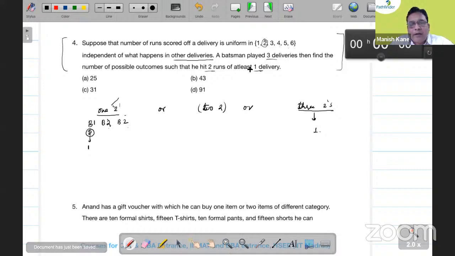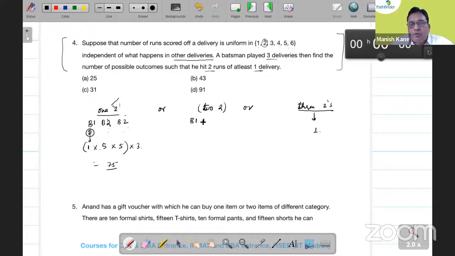So I can have any of the 5 scores for ball 2 and ball 3. But I could have scored the 2 on ball 2 as well, or on ball 3 as well. So there are 3 such cases. So that gives 75 ways in which he scored a 2 on one ball and something else on the other balls.